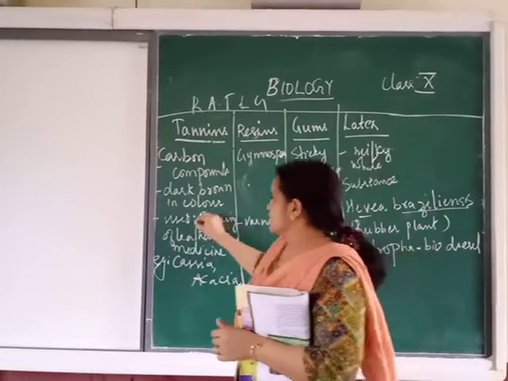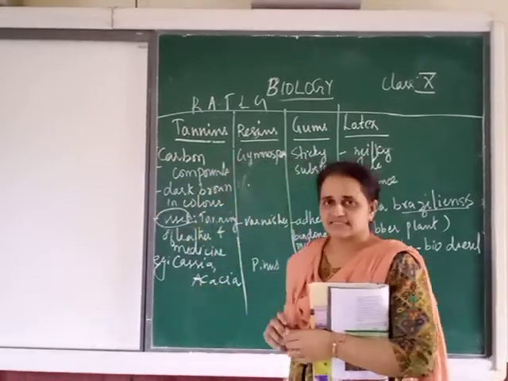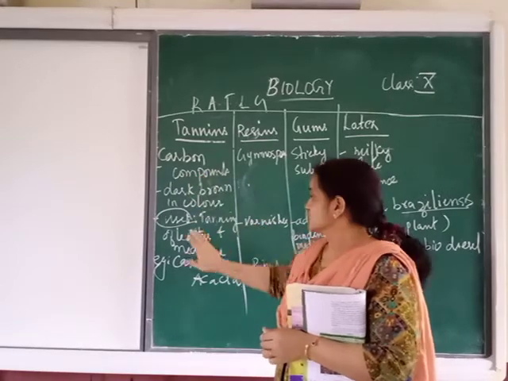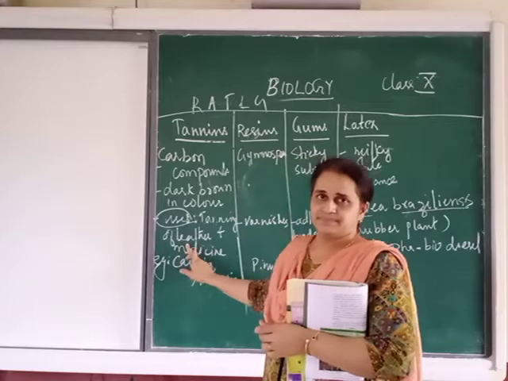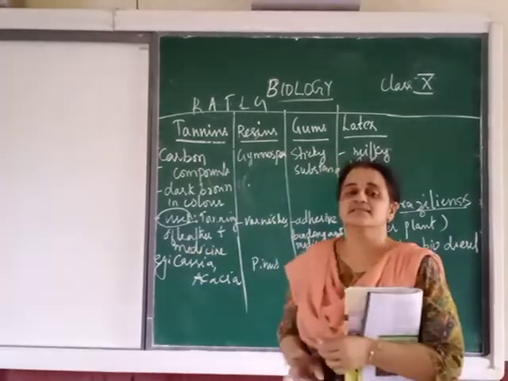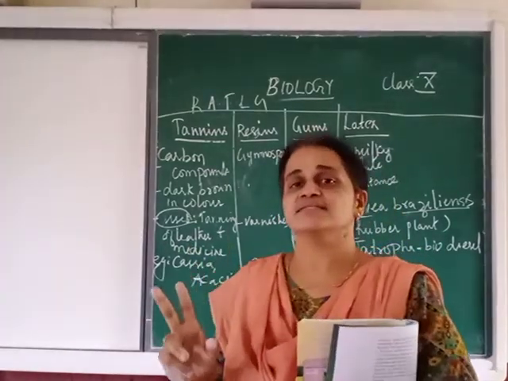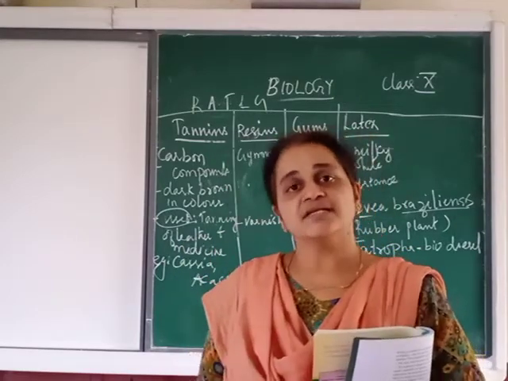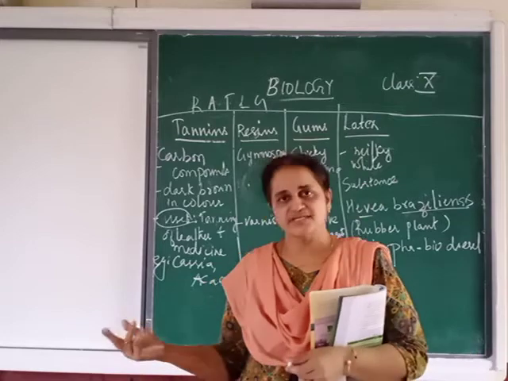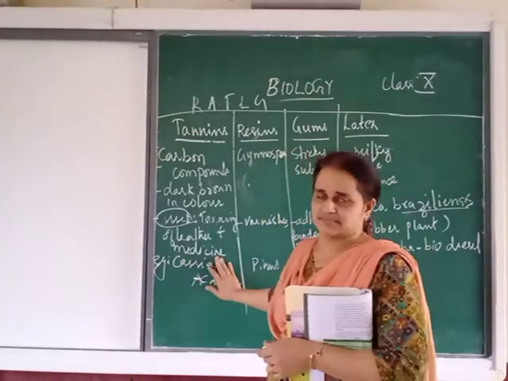Then what are the uses of tannins? Tannins are used in the tanning industry, tanning of leather, and also as medicine. Only two uses we have for tannins: in the tanning industry, leather, and the second in the medicine industry for its medicinal properties.